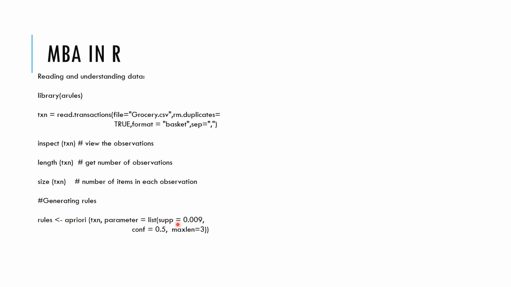Only those observations which have got a support value equal to this or more will be included in the rules. The same goes with the confidence. Only if the confidence level is 0.5 or above, only those rules will be included. Max len means a maximum of three items in that rule. In antecedent and consequent together, it should only be three items, not more than that.